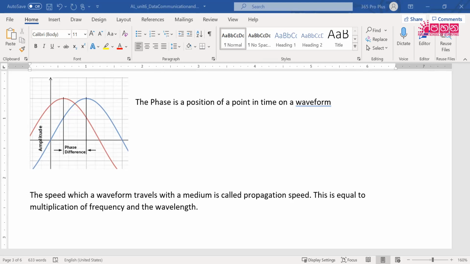Depending on what medium we use, we will have different values for latency, bandwidth, noise, attenuation, and also distortion. This is exactly what we are going to discuss here.